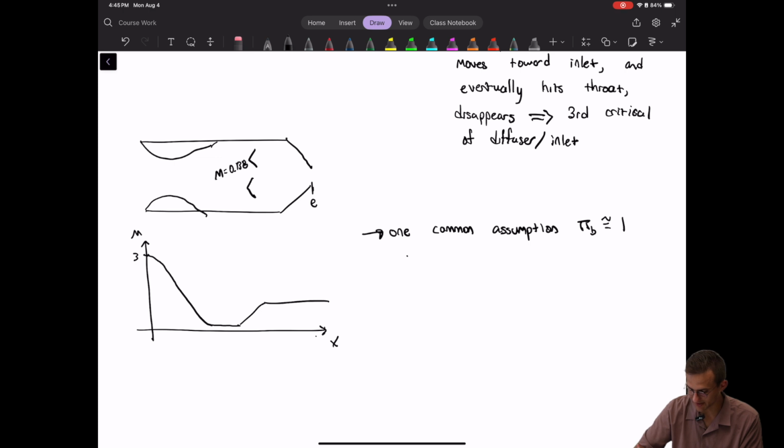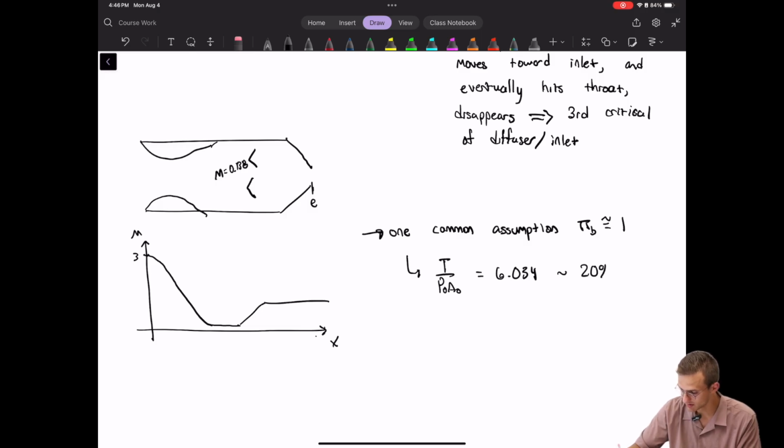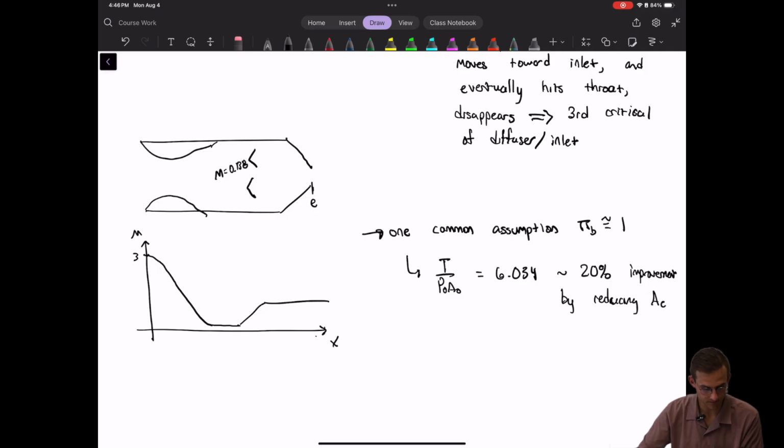If we use that assumption, we get that T over P naught A naught in this case is 6.034, which is a 20% improvement just from reducing the area. So about 20% improvement by reducing AE. Okay, getting rid of that shock.